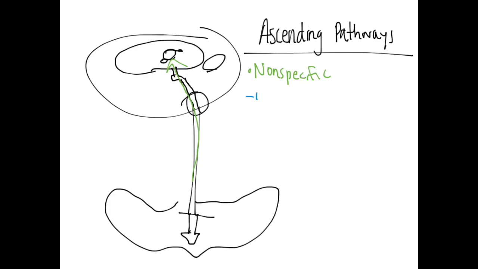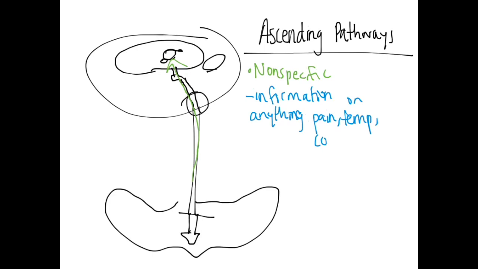This is just basic information, basic stimuli information. So some examples that he talks about are pain, temperature, coarse touch, this uses a 3-neuron chain.